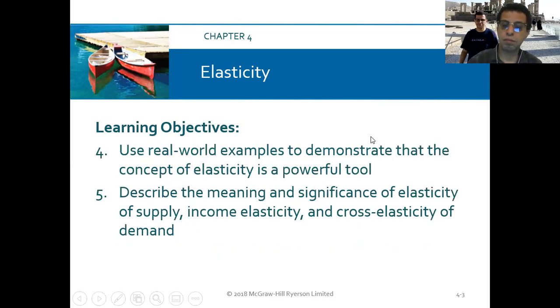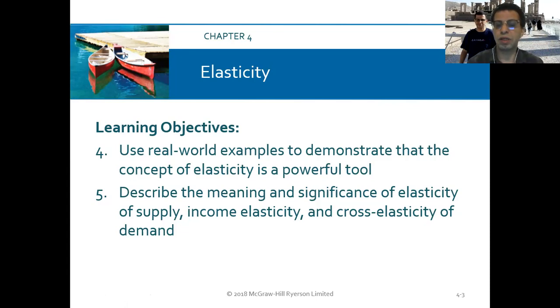We're also going to talk about, probably use some real world examples to demonstrate and start also connecting it to the earlier chapters of substitute products and complementary products and all these things.